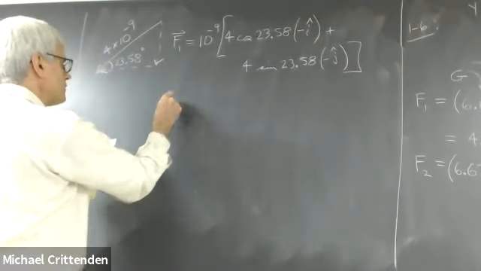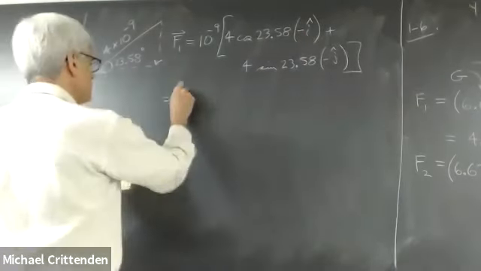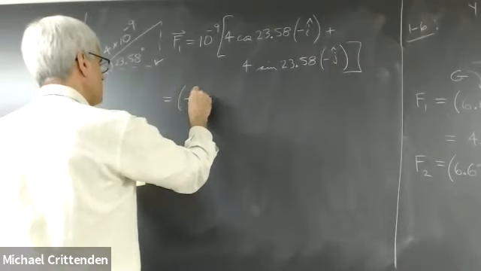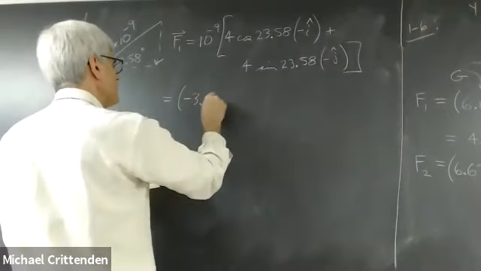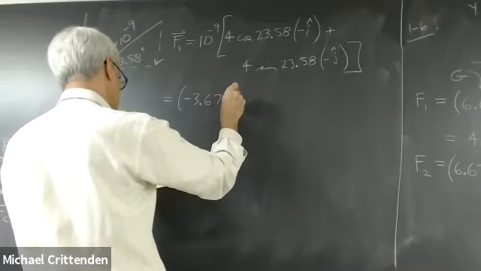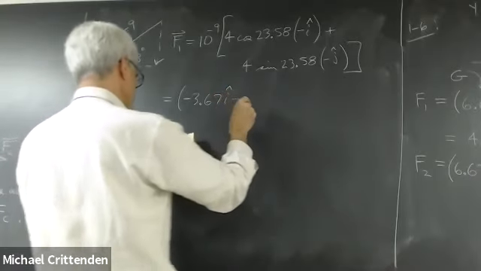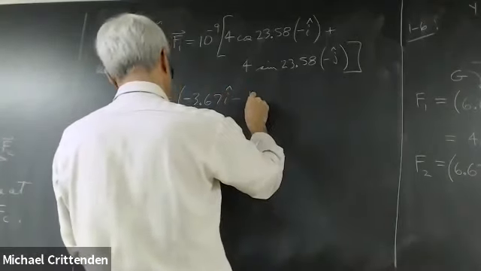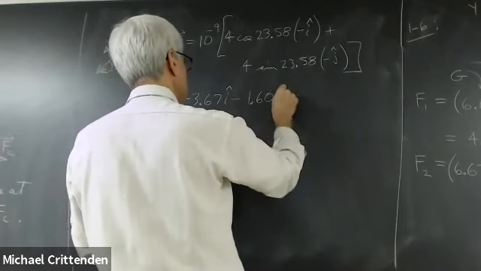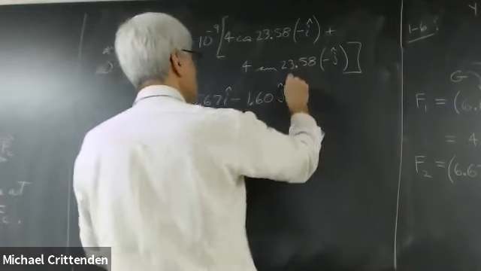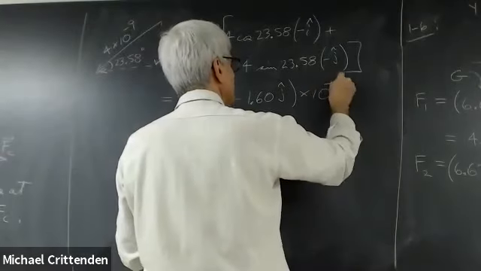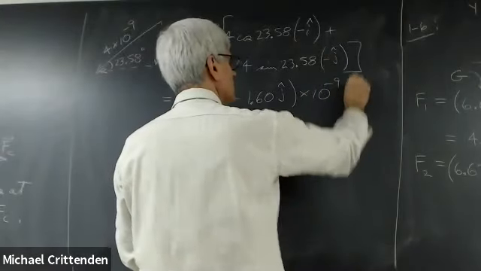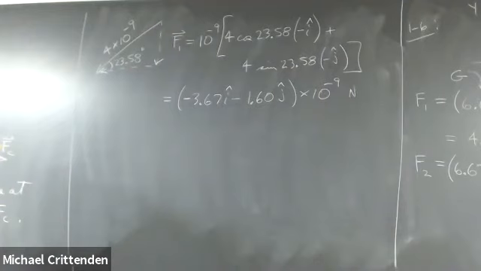And that's negative 3.67 I minus 1.60 j times 10 to the negative 9th of a Newton. I'm almost done. There's only another couple of lines to write.